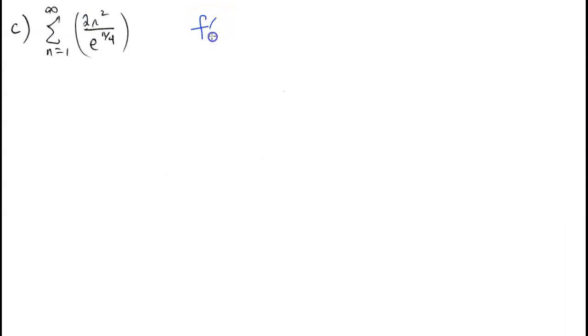So here we'll say f of x is going to be equal to 2x squared over e to the 1/4 x. And so again, the three things that we need to check for: number one, is f of x continuous on the interval from 1 to infinity?